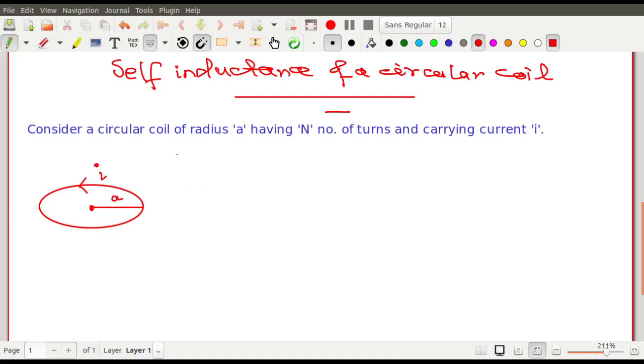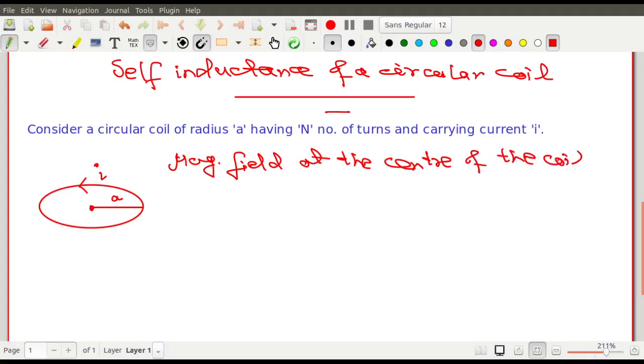Okay, magnetic field at the center of the coil. What is the magnetic field at the center of the coil?